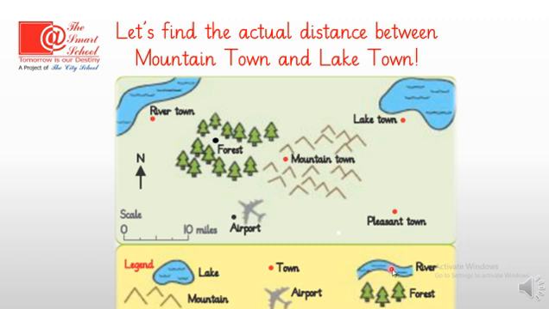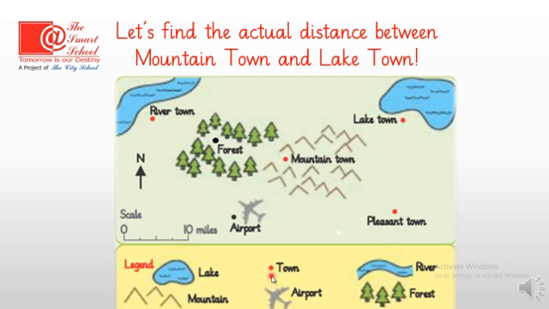Oh no, it's not a lake. It's a river. You see, this symbol is used to show the river. So it means here there is a river. Now, this symbol is used for mountains. So where are the mountains here on the map? Oh, these are here. You see, these are all the mountains.